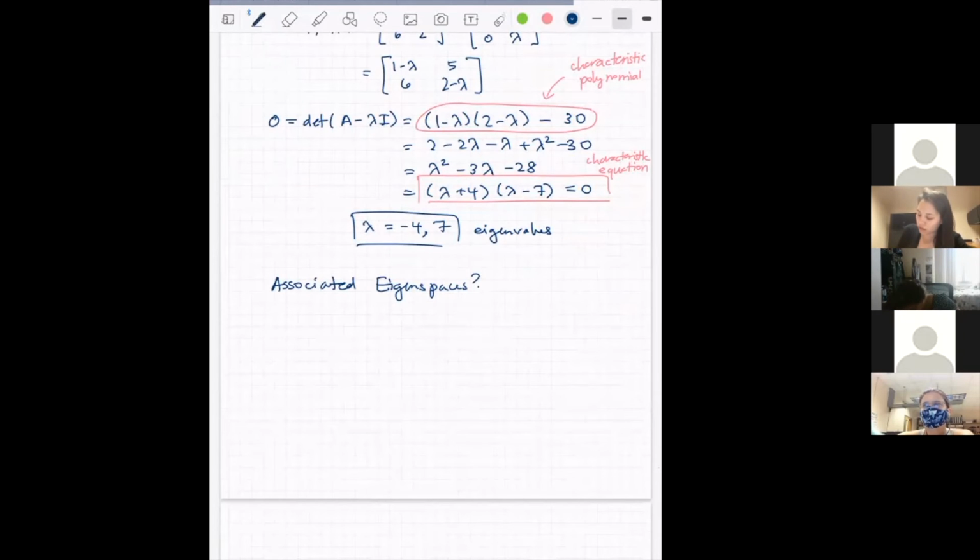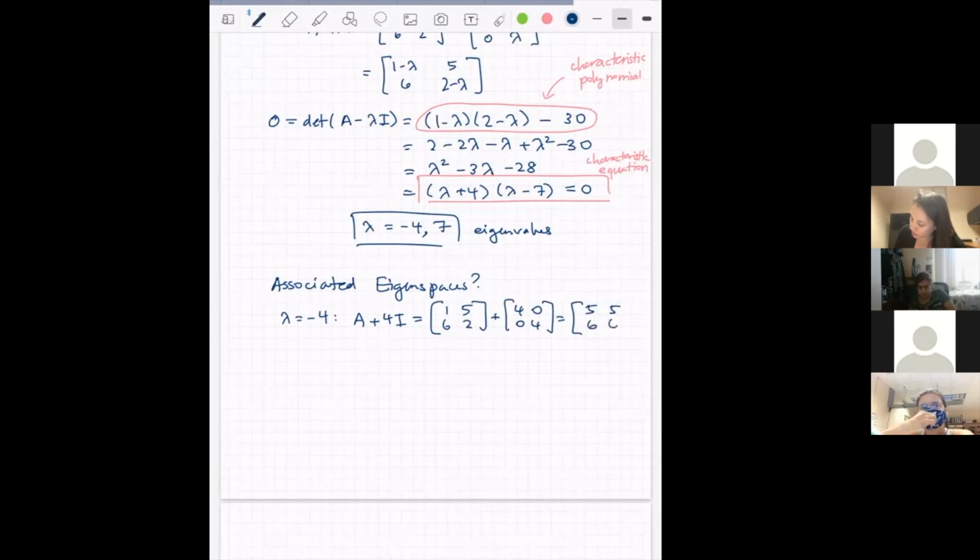If lambda is equal to -4, then A minus lambda I is actually A plus 4I, so our matrix is 1, 5, 6, 2 plus 4, 0, 0, 4, which is 5, 5, 6, 6, which reduces to 1, 1, 0, 0.